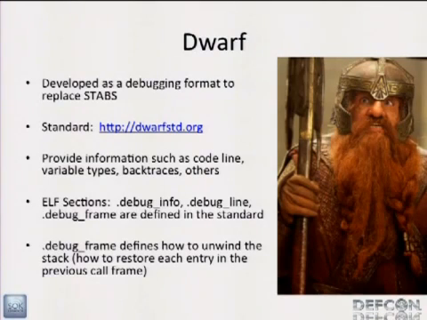It has a standard, and it provides information such as types of variables and backtraces, and it was used by GCC to provide the exception handling mechanisms. So the debug frame defines how the unwind process works during an exception. DWARF was created for debugging, but then the same standard was reused for the exception handling mechanism on GCC.